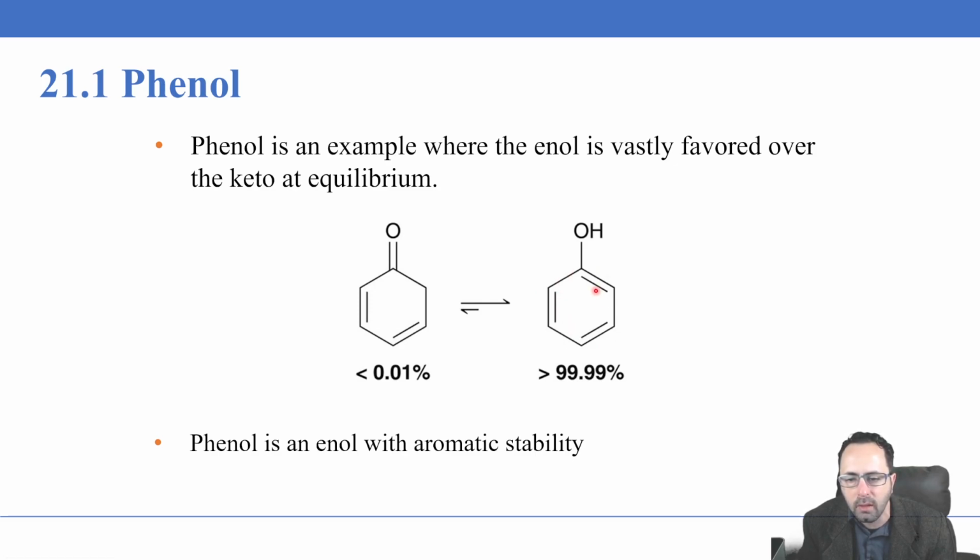And so in the case where there's a pi bond between two carbons here, that completes the aromaticity, and you get that aromatic stability. So in the case of phenol, you're not going to really see much of an interconversion between a potential ketone form and the phenol form. You're mostly going to get the phenol due to the resonance stabilization of the benzene ring, and the aromatic stability in particular.